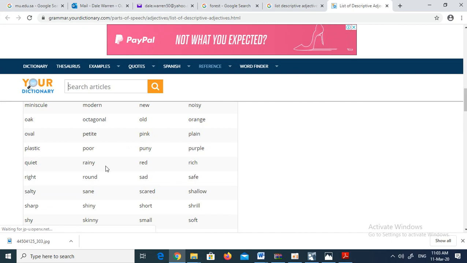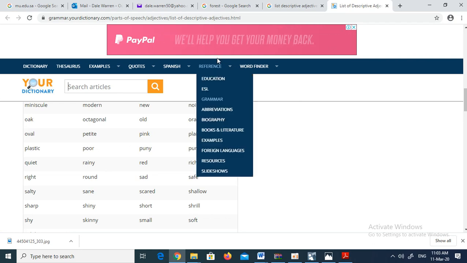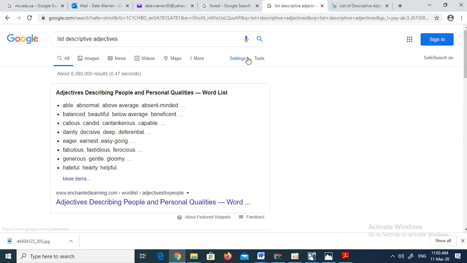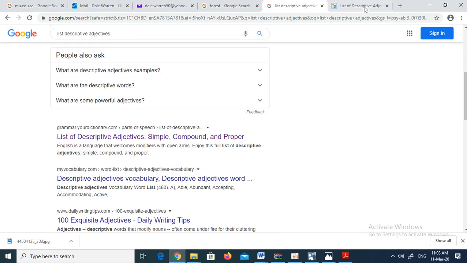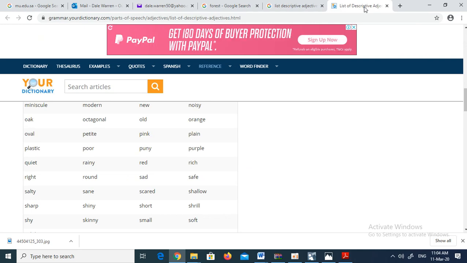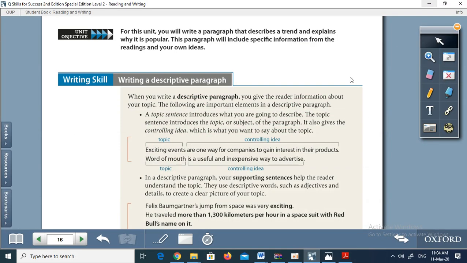You can just write on Google a list of descriptive adjectives, and you can have a lot of lists and a lot of websites that can give you a lot of descriptive adjectives that you can use in your descriptive writing. Okay.